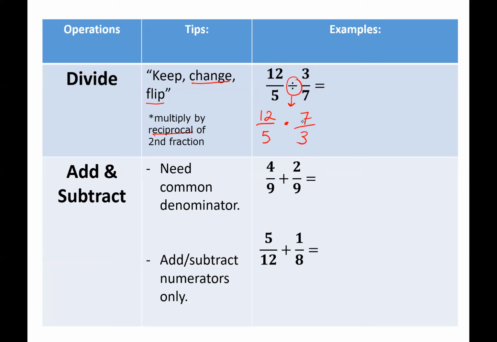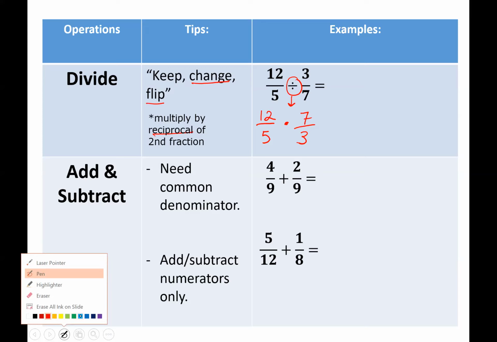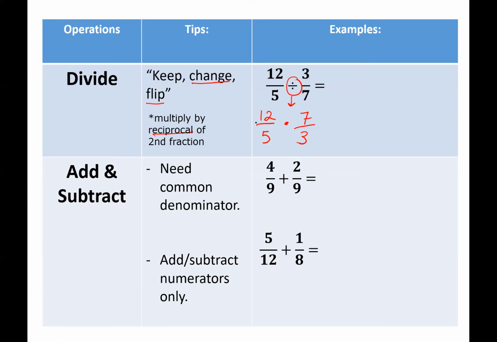Now we can multiply across. Now, as we just saw, you can multiply across and then reduce, or let's see if we can reduce earlier. So 12 times 7, I actually might not know what that is without using a calculator. And we're not using calculators yet. So rather than doing 12 times 7, let's see if we can reduce, and then I won't have to.